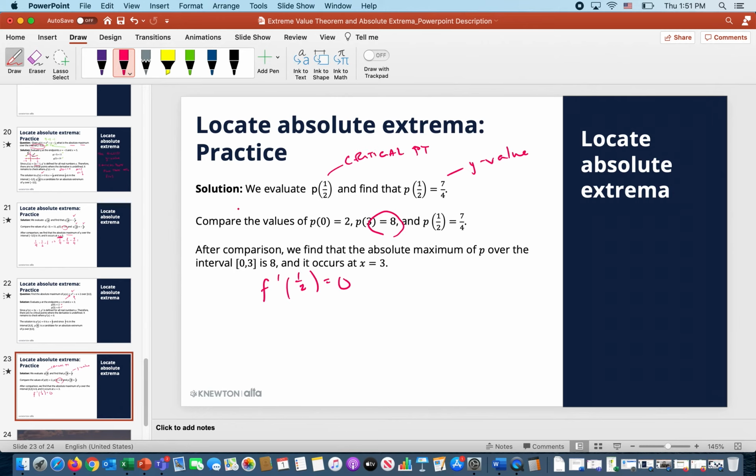So we're plugging 1/2 into the original function to find out the y value at that point. So we know that when x is 1/2, we have a y value of 7/4, okay? And I have a graph that either does something like this, or it does something like this, okay? I don't know, all I know is that at that place right there, we have a horizontal tangent line, okay?